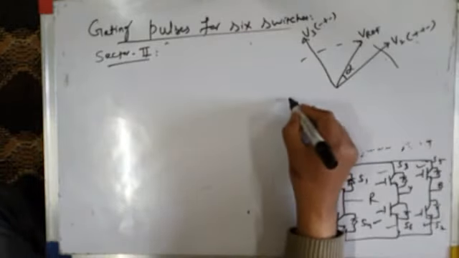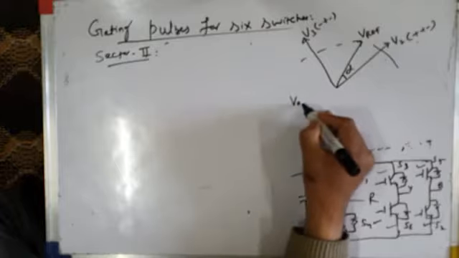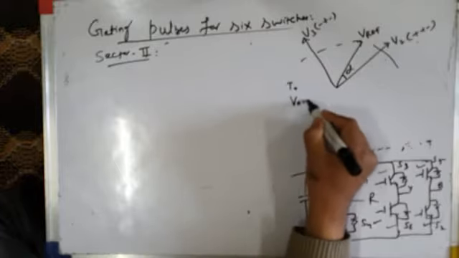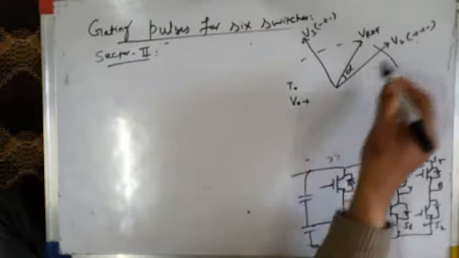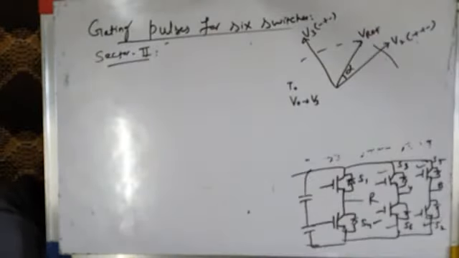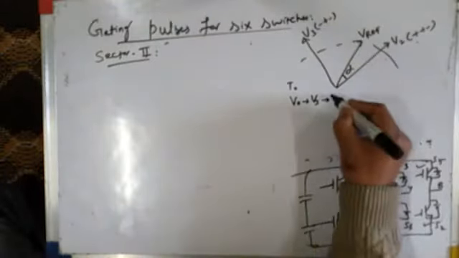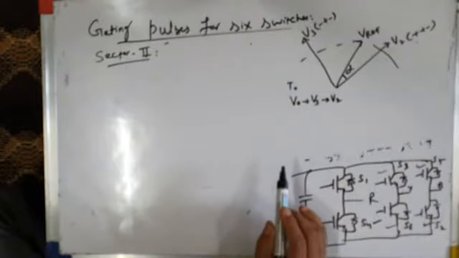Sequence: first you apply voltage space vector V0 for time interval Tz by 2, or you can call it T0. Then you apply voltage space vector V3. We are considering sector 2. Then you apply voltage space vector V2 for time interval T2.